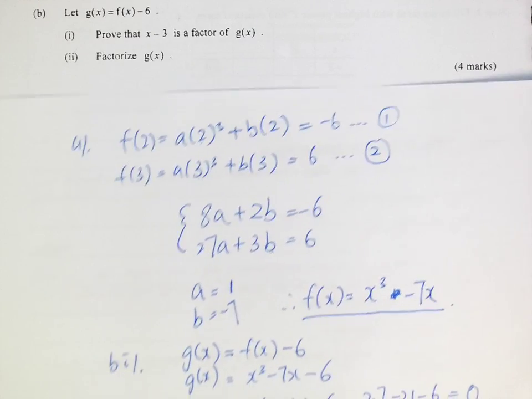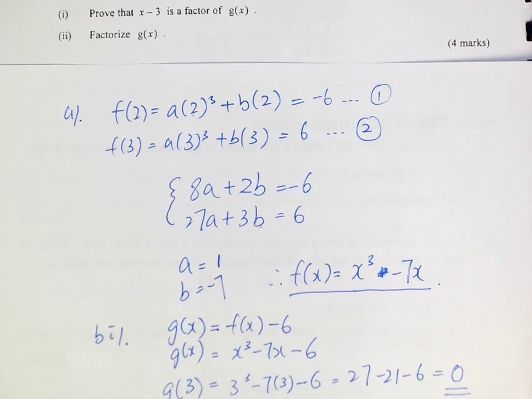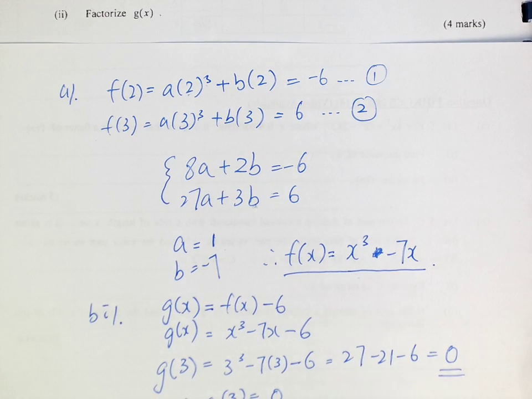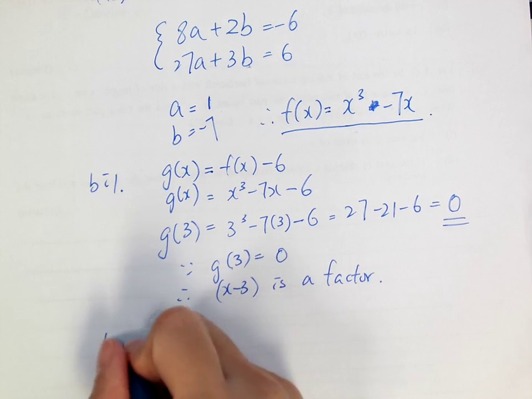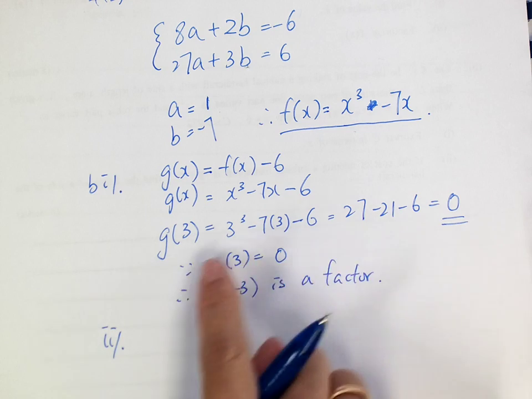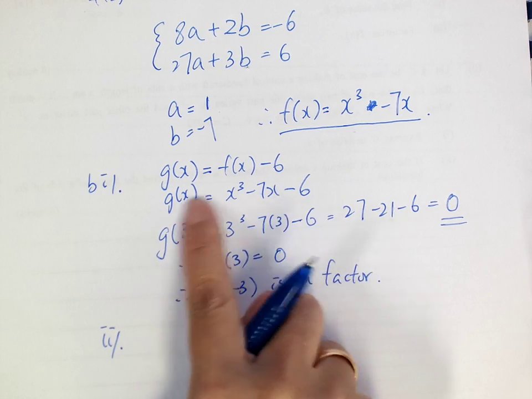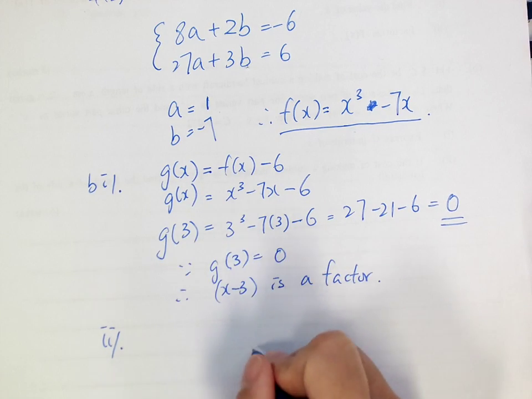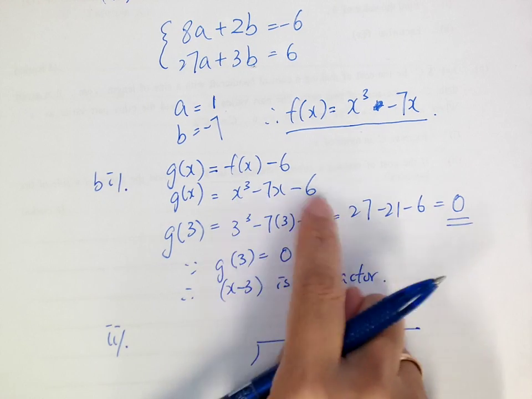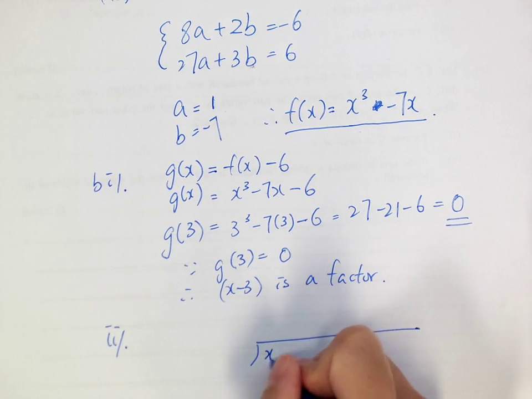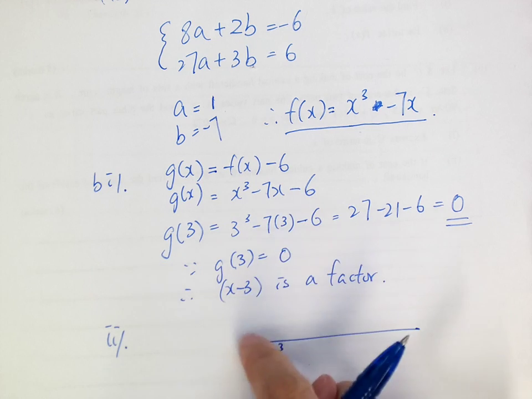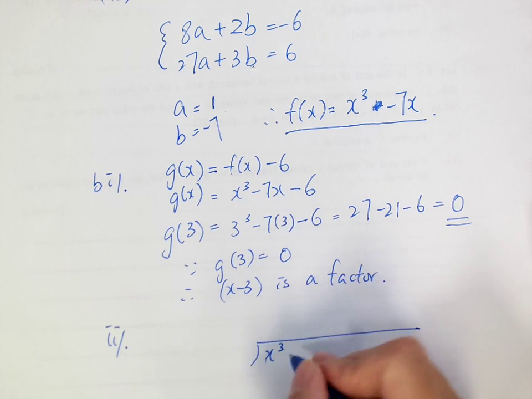Okay, part 2, you have to factorize g(x). So we need to factorize g(x). g(x) is this one here. Alright, if I want to factorize g(x), I usually use long division. So I will put the dividend inside the long division, which is x cubed.